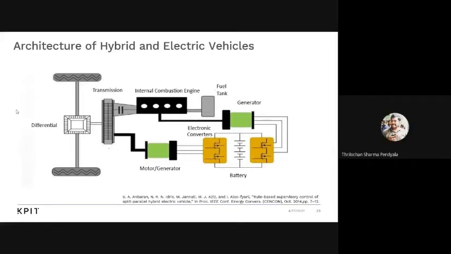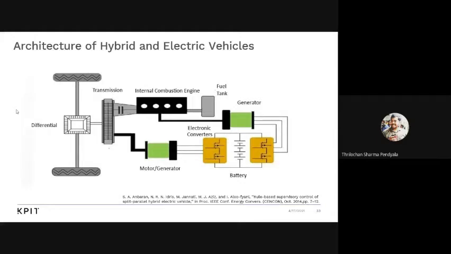Yes, the usage of the IC engine or the electric powertrain depends on the requirements of the vehicle. If you need high power, we will opt for the IC engine. Whereas in the cases where you need low power or where you are just cruising on a highway, we'll be using an electric powertrain in generic cases.